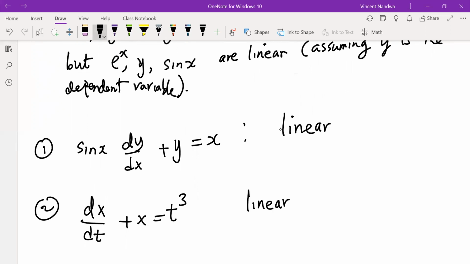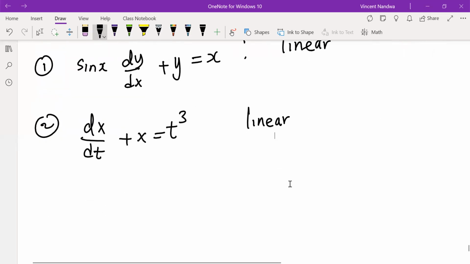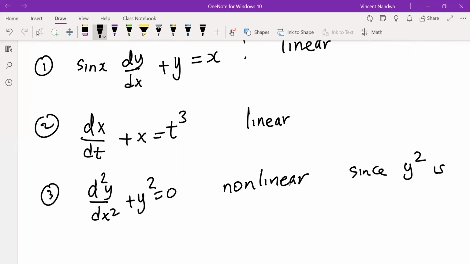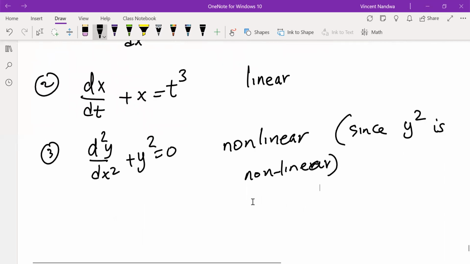It doesn't matter about this t because t is the independent variable in this case.